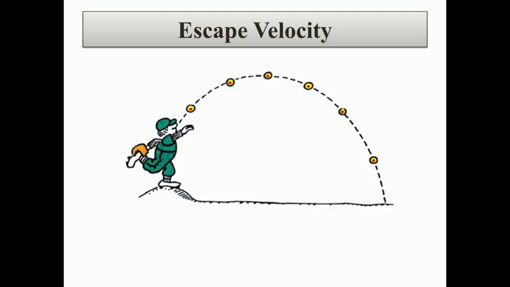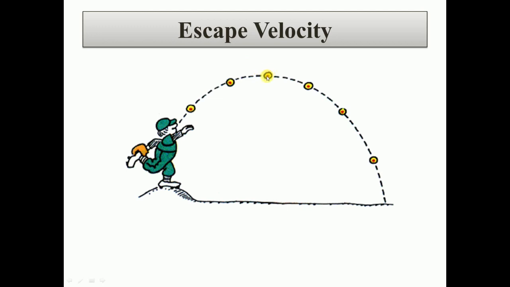Now the next thing that we are going to study is the escape velocity, which is the last topic for this video and also for the chapter. First of all, let us consider that you have a ball and you are throwing it towards the sky.